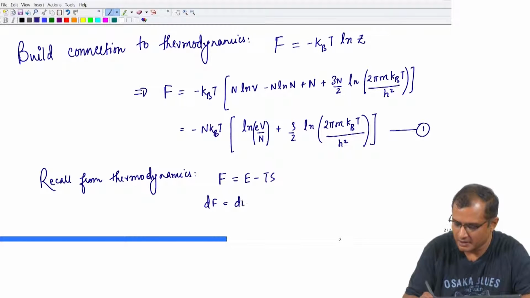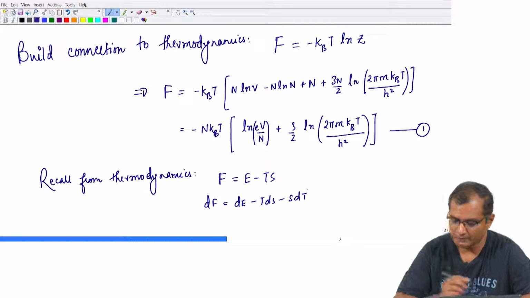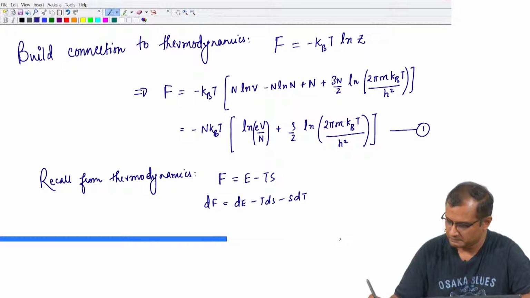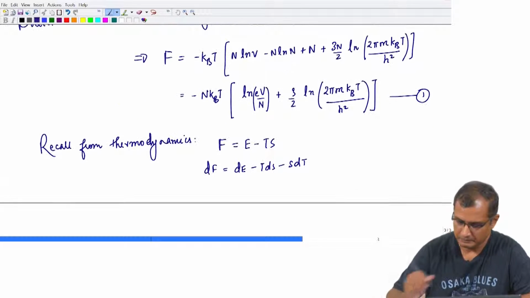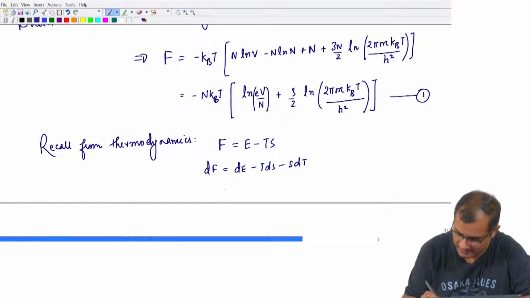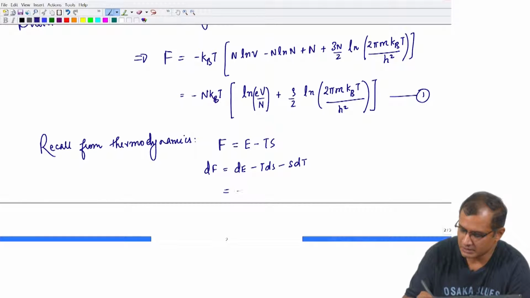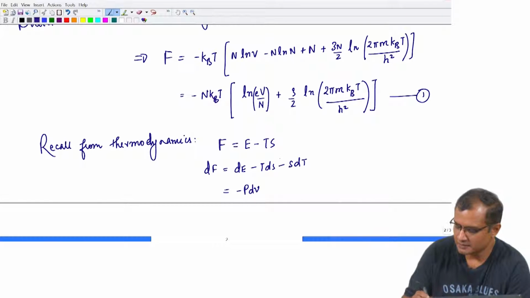And from the first law you can write dE minus T dS as minus P dV plus mu dN.